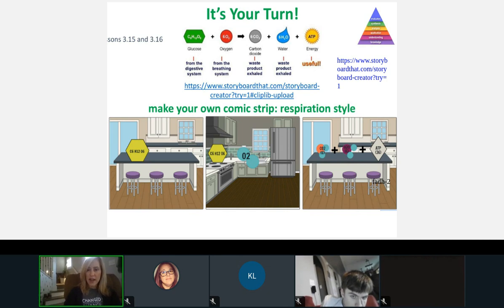Let me make sure you have the settings. Oh, nope, I didn't give you that. Okay, you should have the ability to share your screen now.